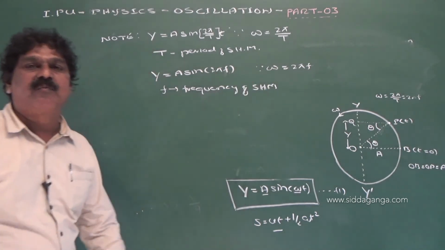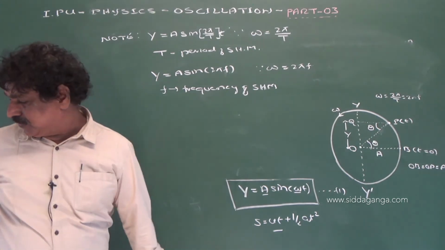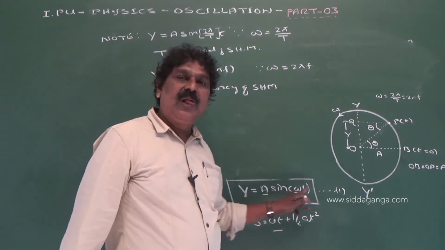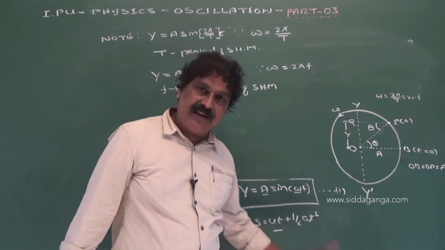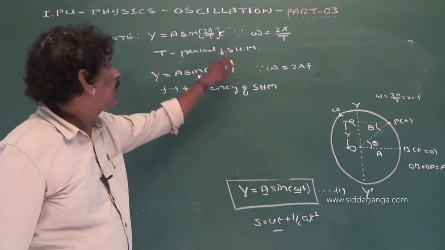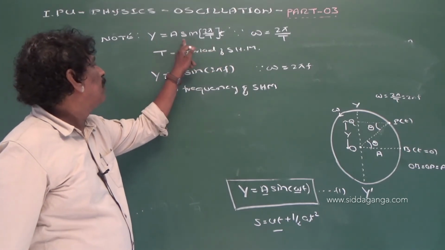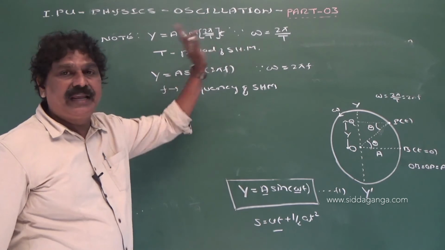simple harmonic motion. So the basic equation is y is equal to a sin omega t in terms of angular velocity. In terms of period, the same equation takes the form y is equal to a sin 2 pi by T into small t.